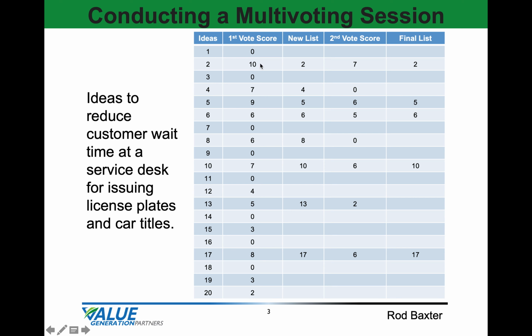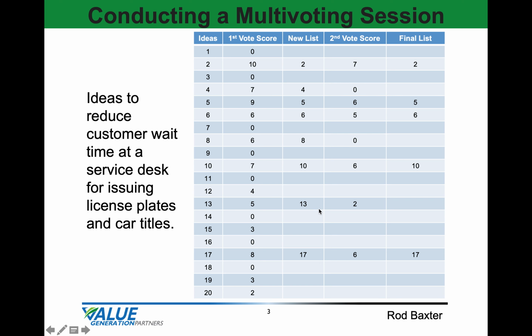We ended up with 10 votes for idea number 2, and 7 for idea 4, 9 for idea number 5, 6 for idea number 6. And we went down and tallied the votes for each idea and developed our new list. So now idea number 2, 4, 5, 6, number 8, 10, 13, and 17, that's our new list of ideas.